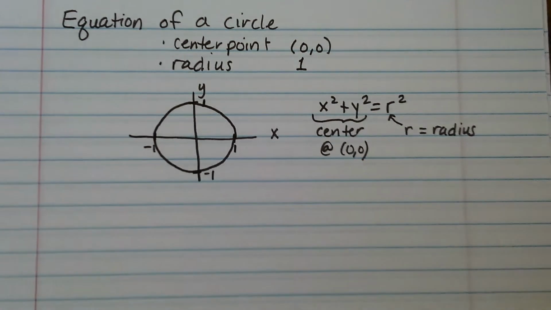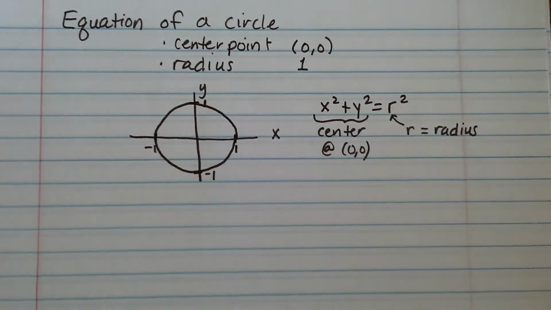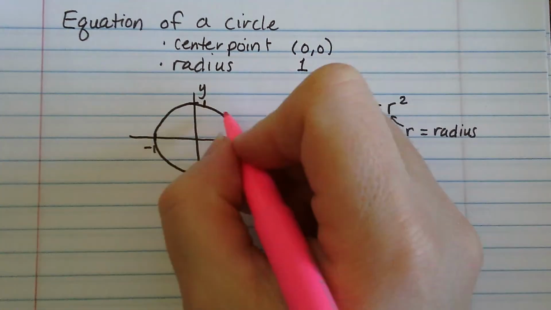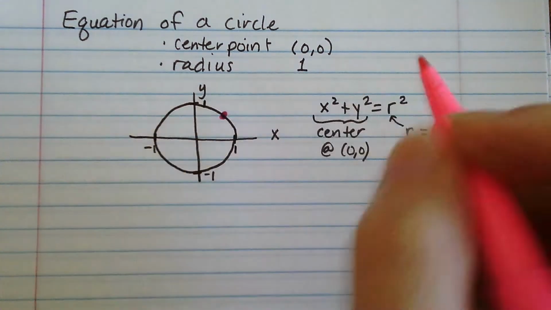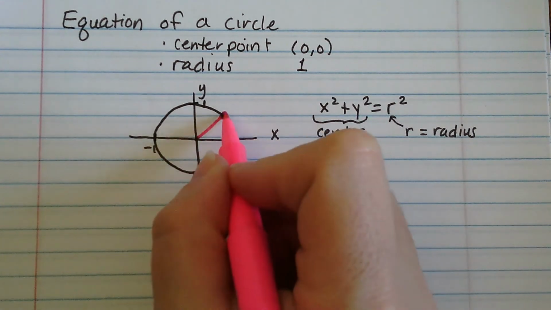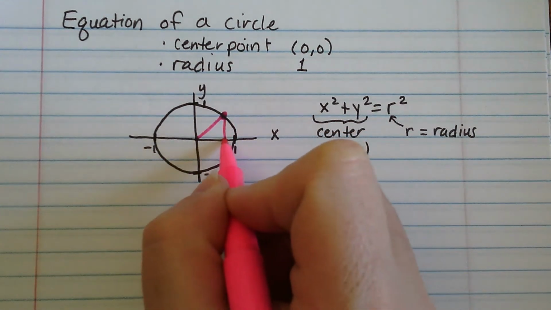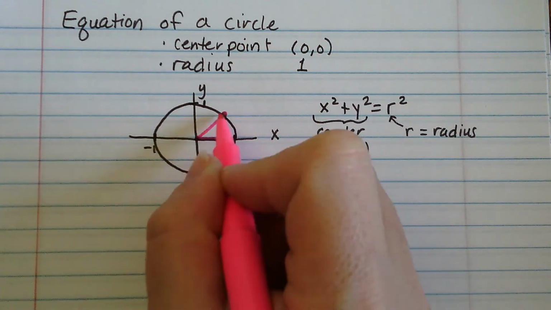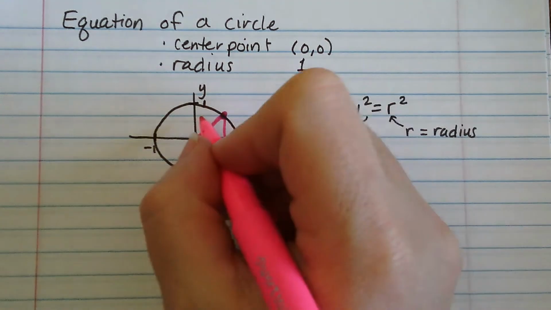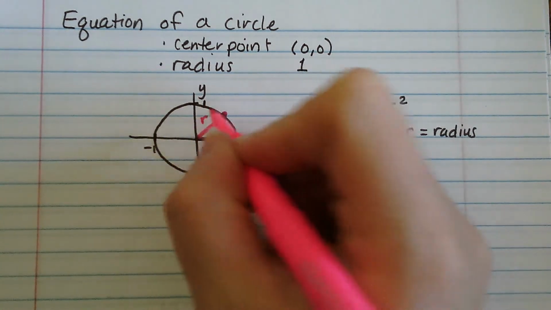Things to keep in mind are that when we are looking at a coordinate, I'm going to just plot one right here. And what I'm going to do is create a right triangle here. So my radius is from my center point to my circumference. So this is my radius.